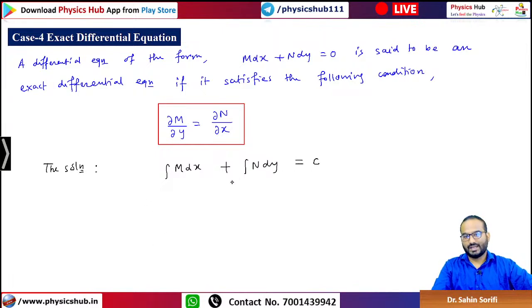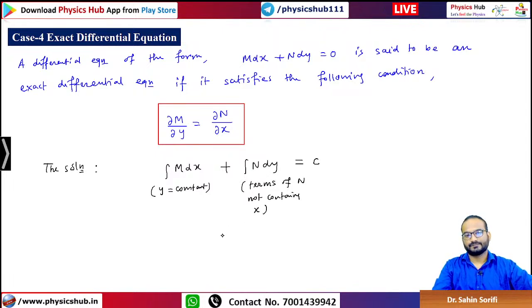But there is a small catch here. When you consider M, here y is equal to constant. You have to treat y equals to constant, and for N you need to remember terms of N not containing x.